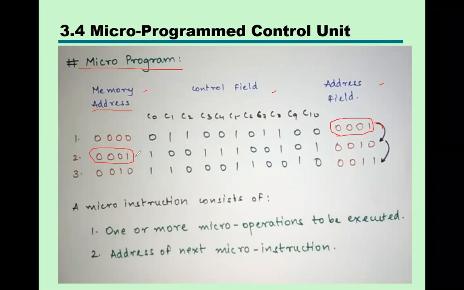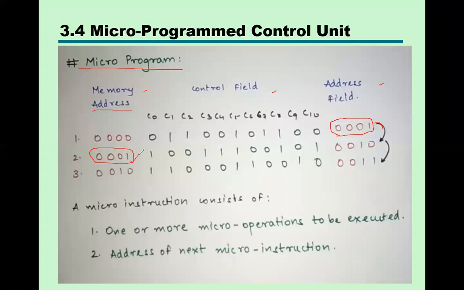And for the second address, what is there? There is a micro instruction. At this second address, this is the micro instruction. And for this micro instruction, what kind of signal is generated? Like C0, C3, C4, C5, C8, and C10.